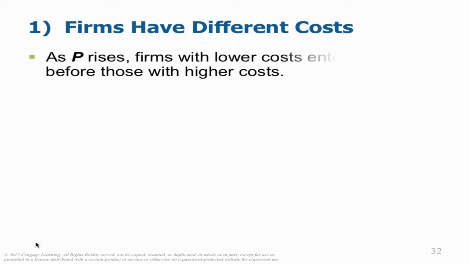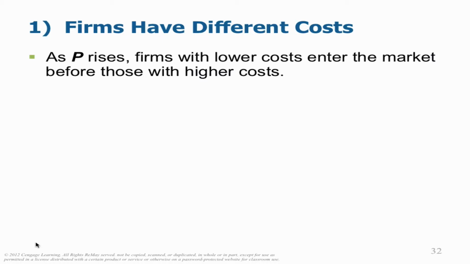Okay, if firms have different costs, as the price rises, firms with lower costs are going to get into that market before those with higher costs. If I live in a part of the country where land is expensive and rents are higher, I'm going to wait to enter the market. And somebody who's in West Texas where land is inexpensive is going to go ahead and build their factory and jump into that market before I will in Northern California, where land is at a premium.